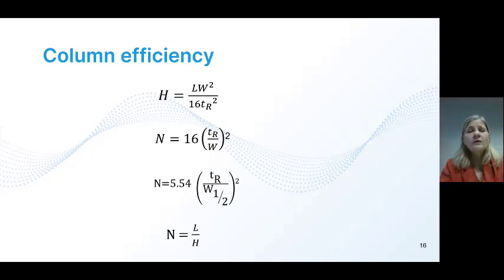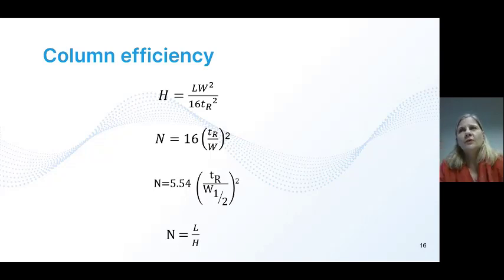With all of these equations, what is important is that we want the peak width to be as small as possible, as well as the retention time, because if the retention time is shorter, your peak width becomes shorter. This is how you decide if you have an efficient separation.